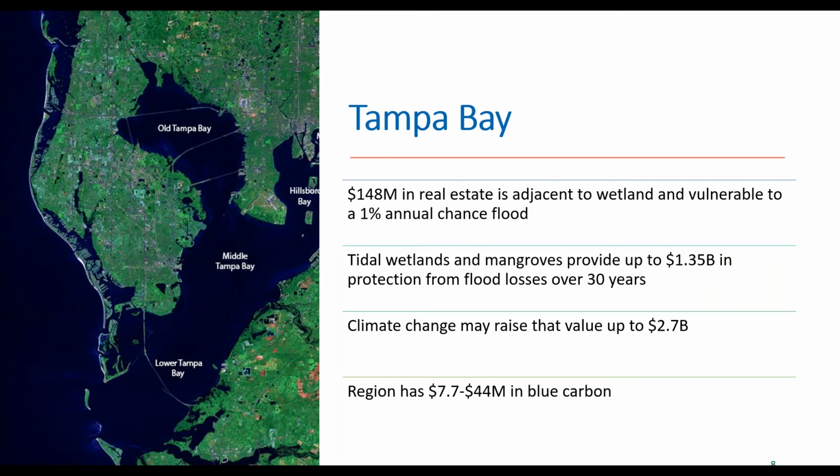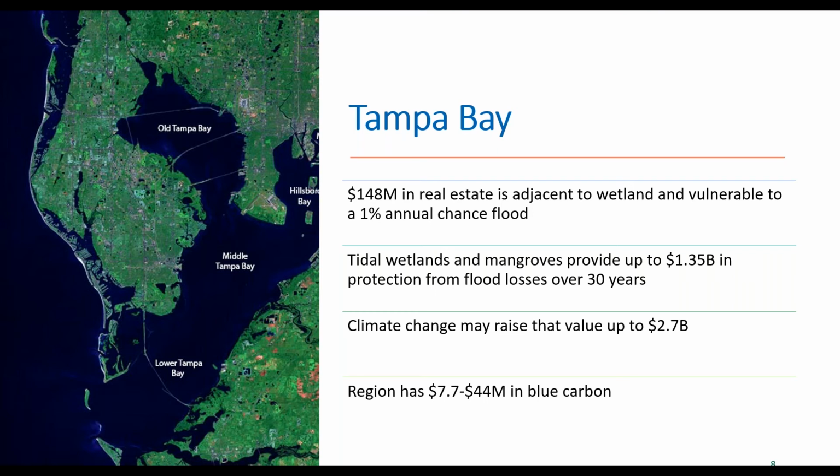And I want to emphasize, these are very conservative estimates. These are in today's dollars, and these were using the county assessed value of those properties that is prior to the bonkers real estate market that's happened in the last 18 months or so. So again, these are very conservative estimates.